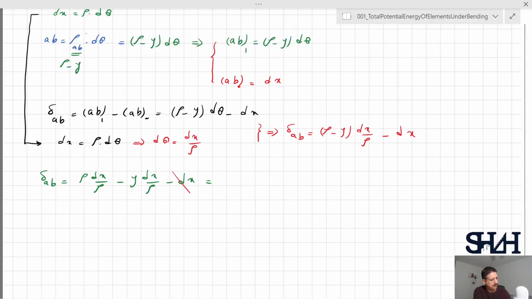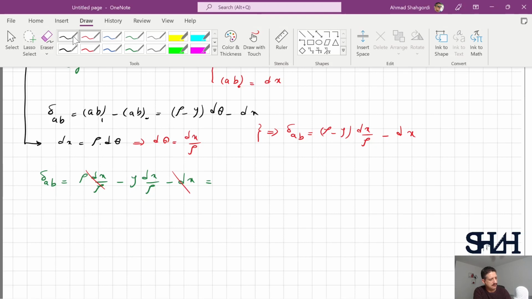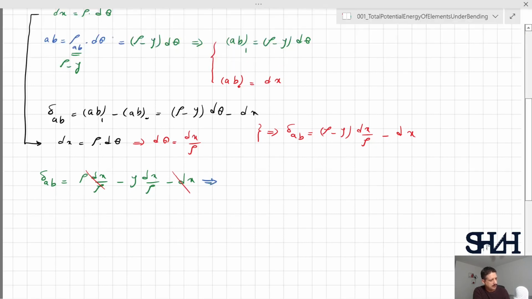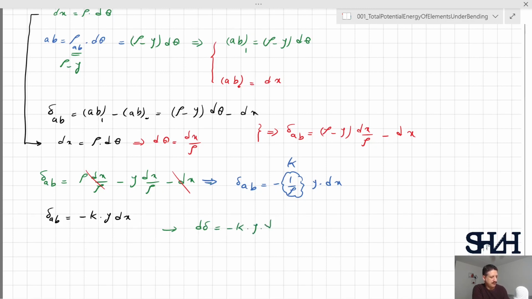These two will vanish, and as a result, I can write down that delta AB is minus 1 over rho y dx. We know that y over rho is called curvature and is denoted by kappa. So delta AB will be minus kappa y dx. So we can derive d of delta is minus kappa y dx.